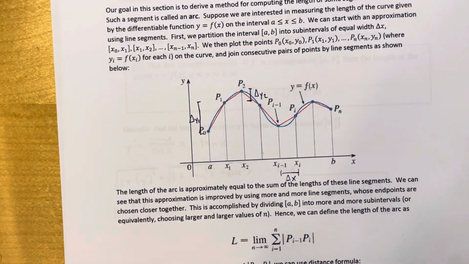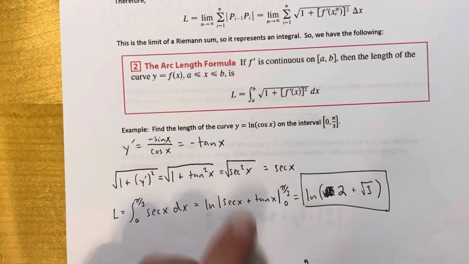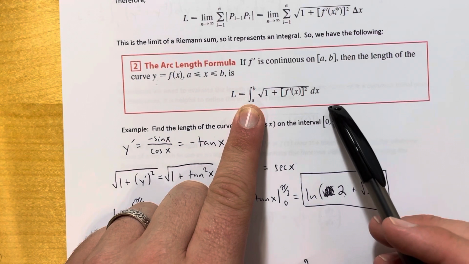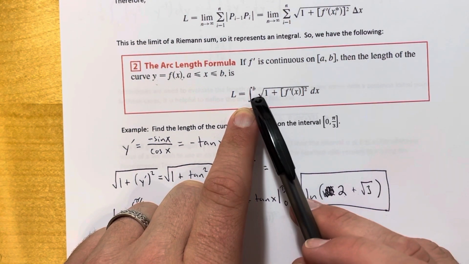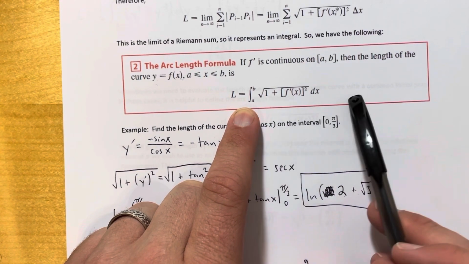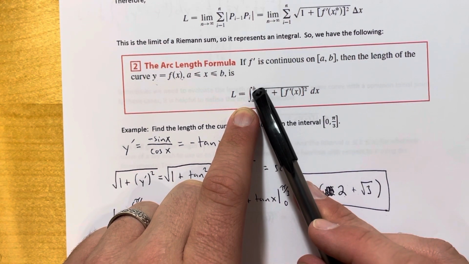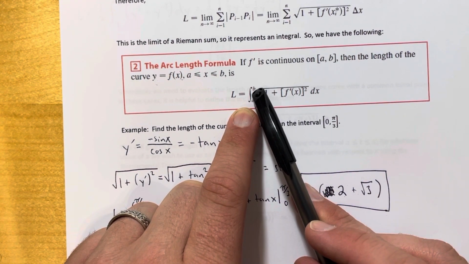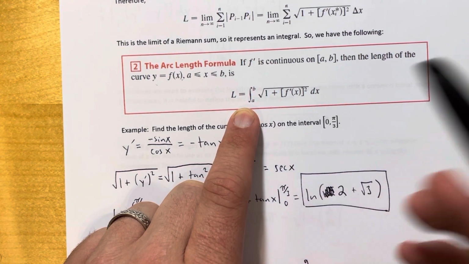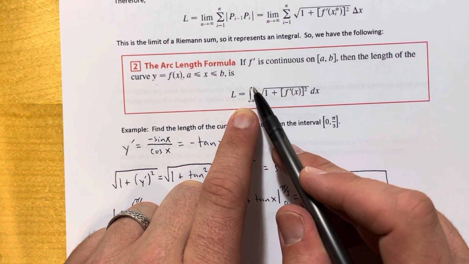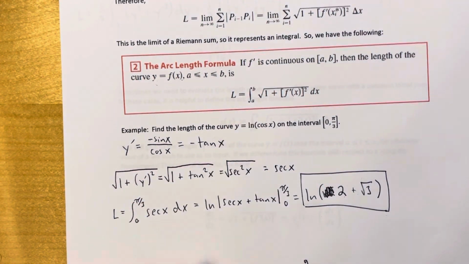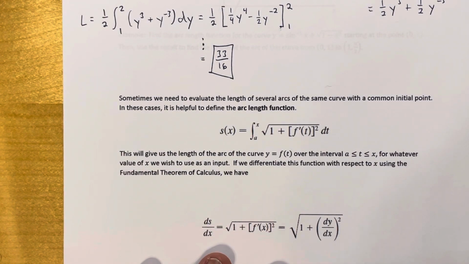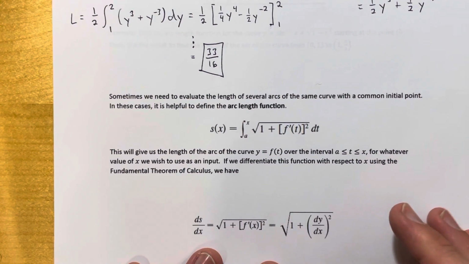Whatever value we choose to use as our b. So we're going to take this arc length formula, and the b here, which represents the right endpoint for the interval that we're integrating over, we're going to change from a constant to a variable. We're going to change that b to an x, and then let that x vary so that we can plug different things into it and get different arc lengths. That's where this formula right here is coming from.